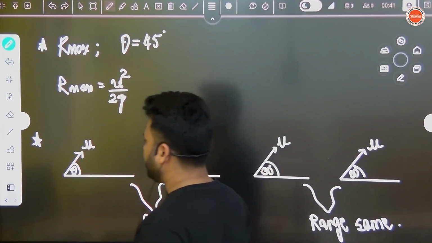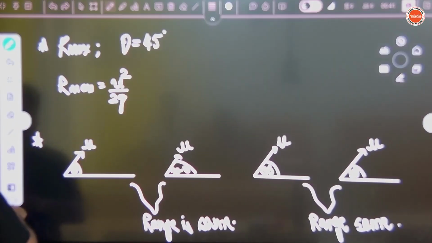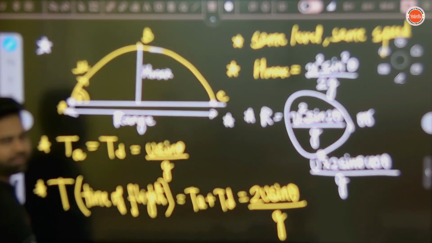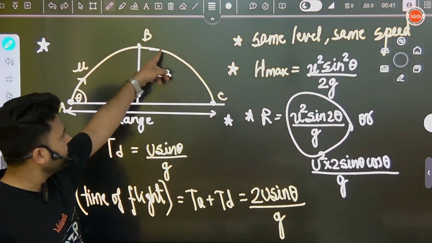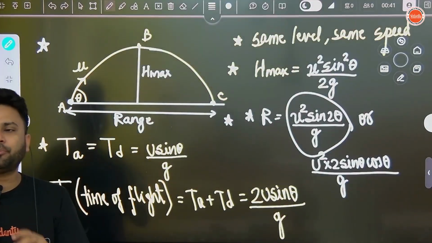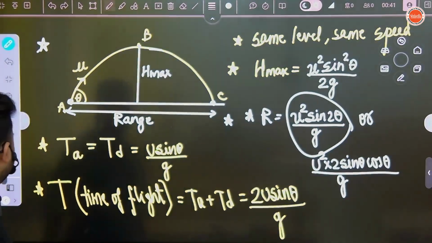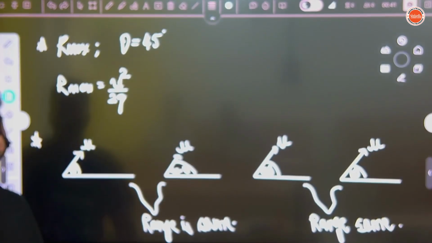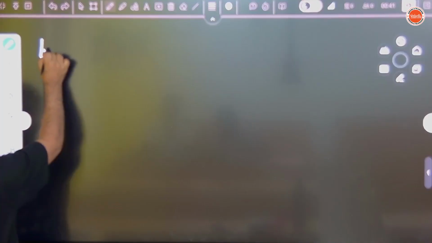See, you can see this path is not a straight line. This is called projectile. What is the equation of projectile motion?